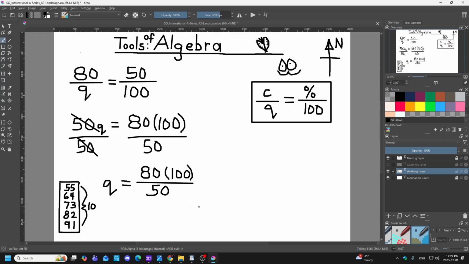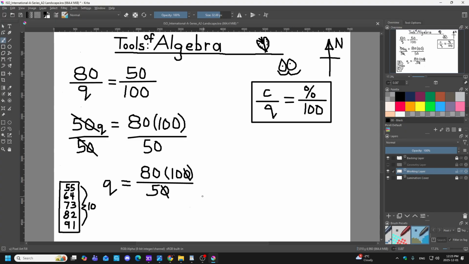Okay, I'm going to shortcut here a little bit and cancel a couple of zeros. I could do it here, I guess. Yeah, that would be better because 5 goes into 10, and let's do that.